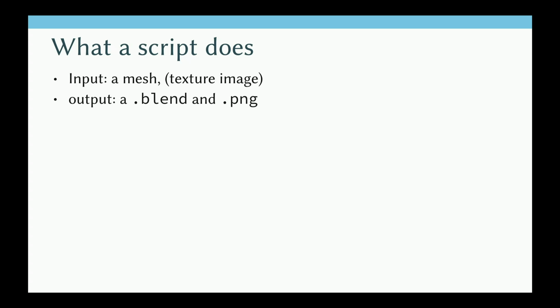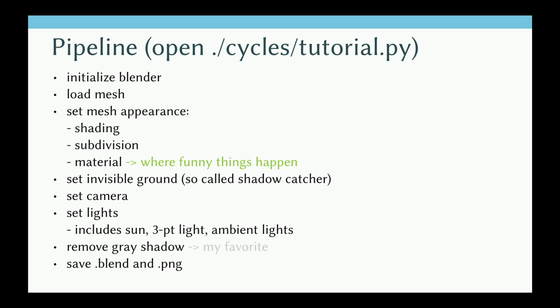And the PNG is just the rendered image. So first, let's go through the whole pipeline, and I encourage you to open the file tutorial.py, because I put all the comments in that tutorial, so it would be nice to have it as a reference.